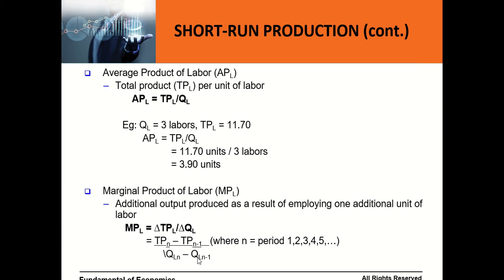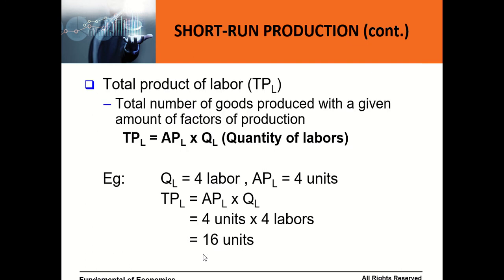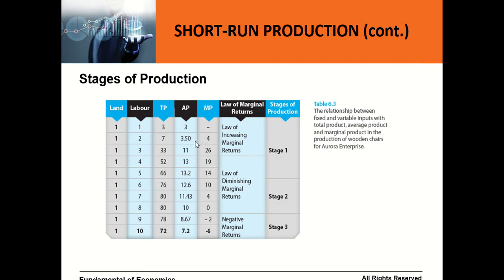So I'll give you an example of how to calculate, given that you remember this formula. What I said earlier, TP1 minus TP0 over Q1 minus Q0. For example, let's say we calculate this 4. How do we get 4? Why don't we start from here? Because in here you don't have information before labor equal to 1. Prior to labor equal to 1, you don't have information.